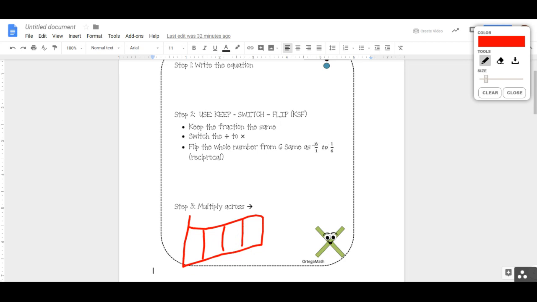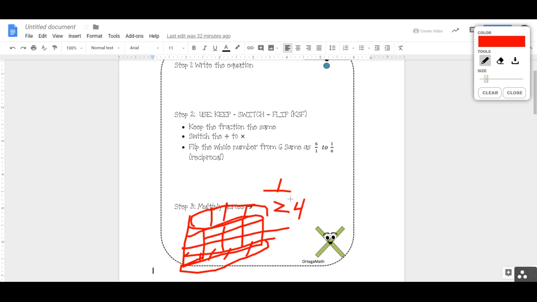And then I'm going to divide it into 6 pieces. 1, 2, 3. That's not going to be enough. 4. You get the idea. If I divide that into 6 pieces, that's going to give me 24 little pieces. So when we start with the fraction, our answer will be a fraction.